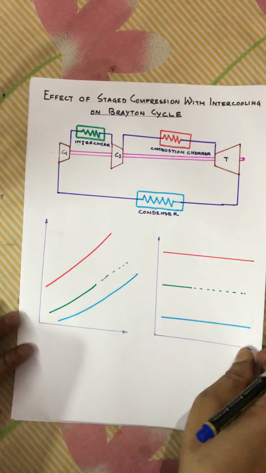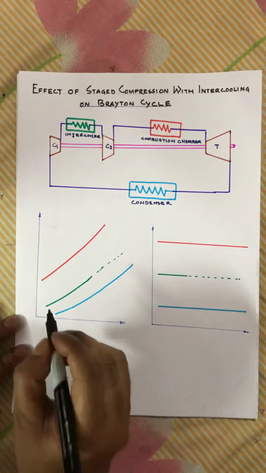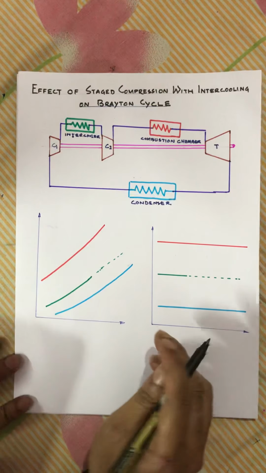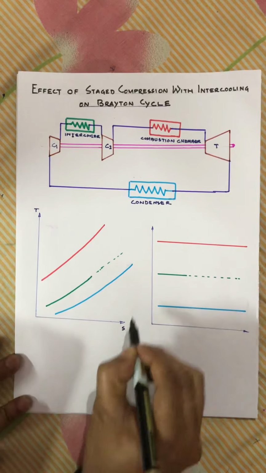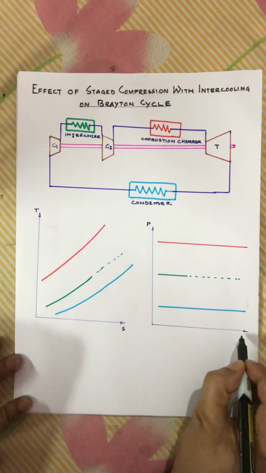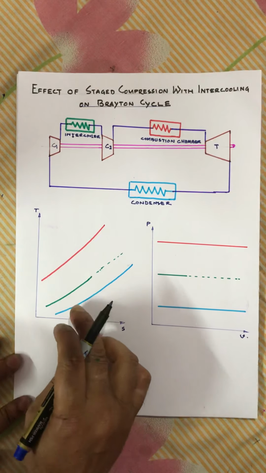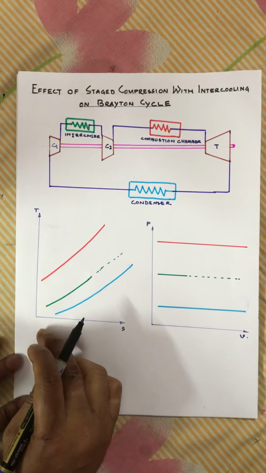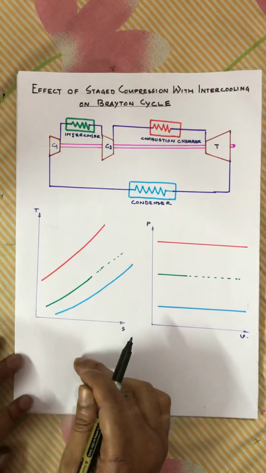Now in the TS diagram and PV diagram, this is TS and this is the PV diagram. I'll show the three different pressure lines within which this cycle will operate.